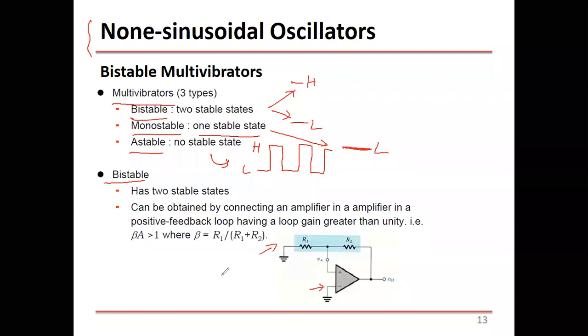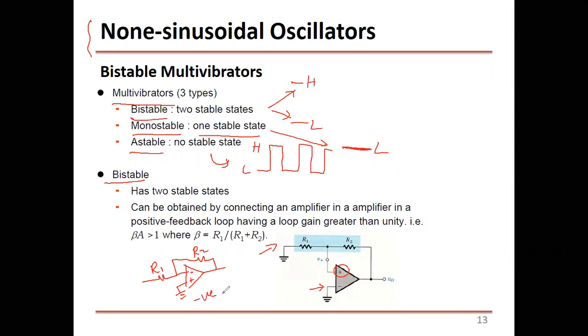Okay, second, how about the feedback? So the feedback is positive, right? We don't have a negative feedback. You remember our original negative feedback? Always we have to have this feedback to the negative terminal, not to the positive one. We have this as ground, and then you have the input here. So this is negative feedback, R2 and R1.